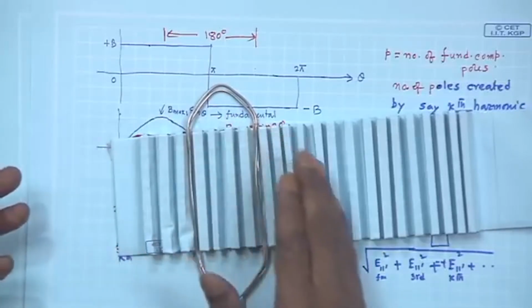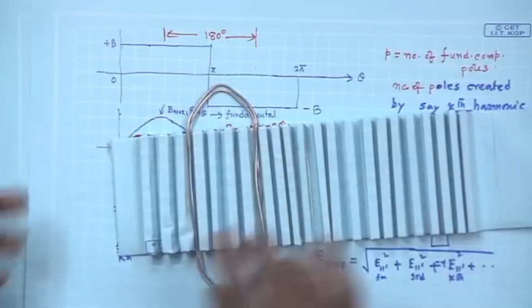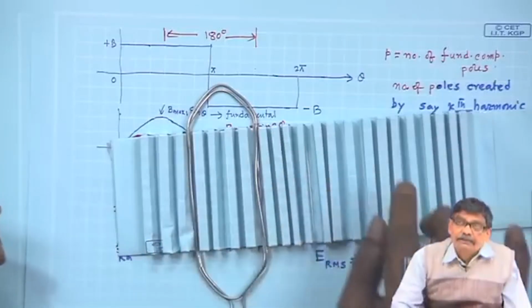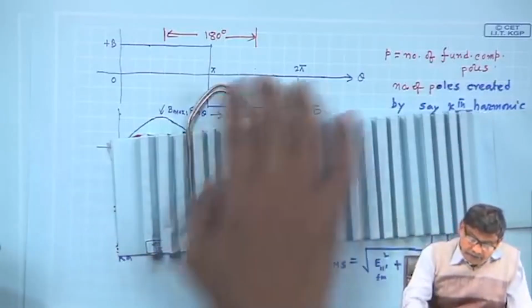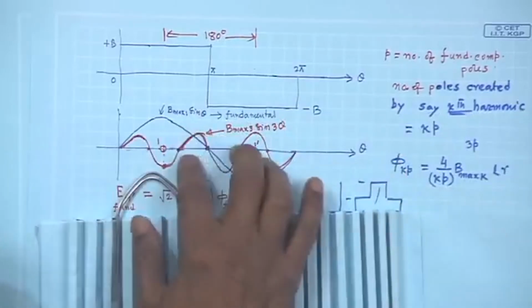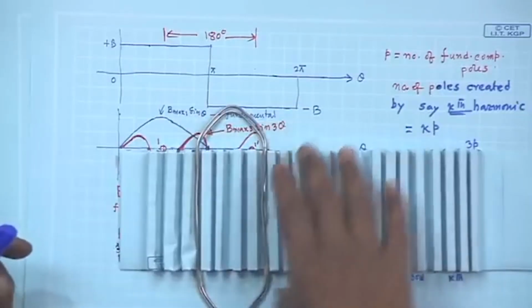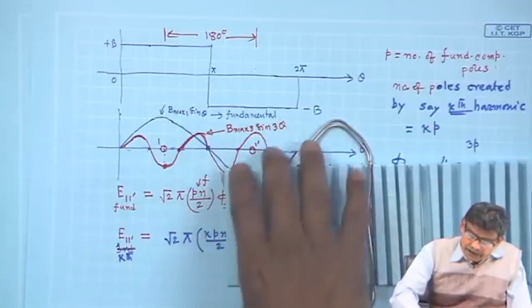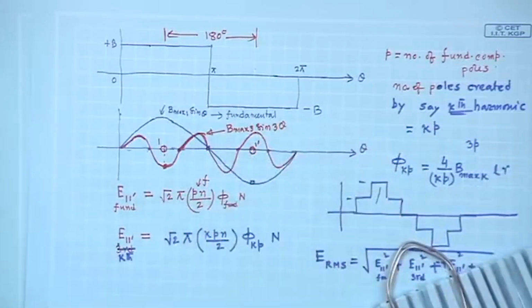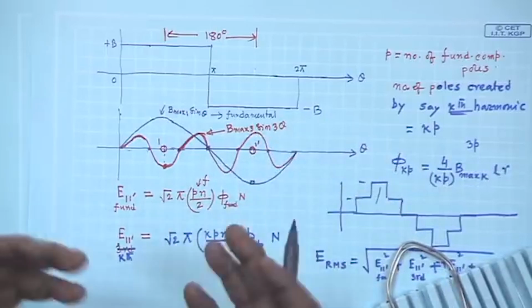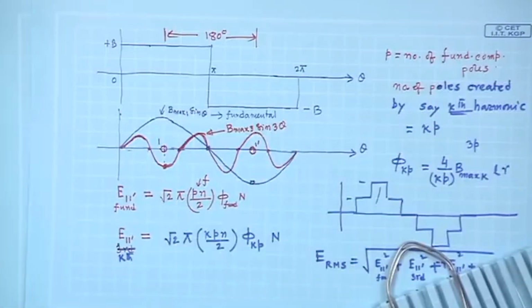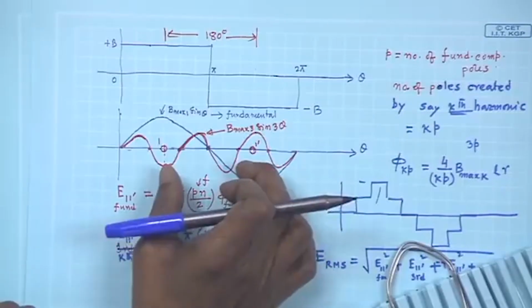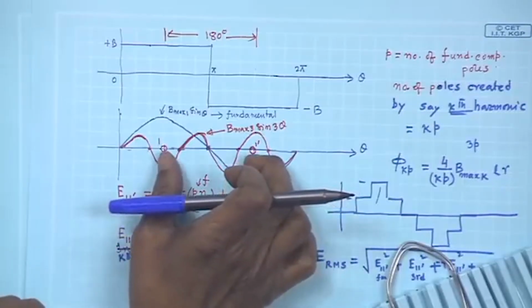So, now what is happening? The fundamental component is there, then the third harmonic component of little amplitude will be there, and this fellow is rotating. So far as the third harmonic is concerned, it looks like it has become a 3p pole machine, and if it is a 3p pole machine, will there also be voltage across 1 dash?